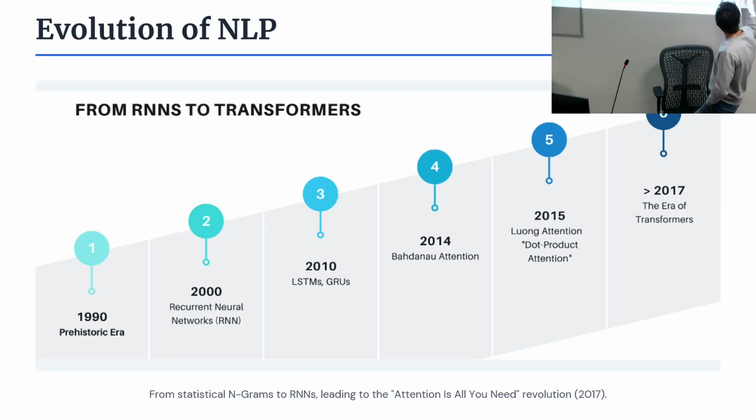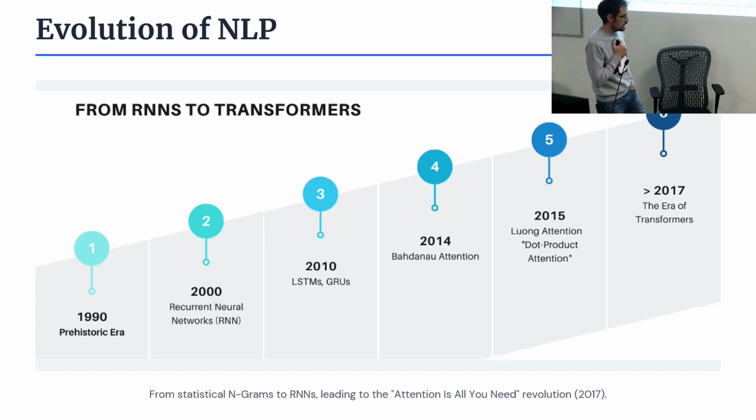Then, in the last few years, in the span of 3 years, a few different specific techniques come together to give us all the ingredients to transition to what is basically now the era of the transformer architecture.